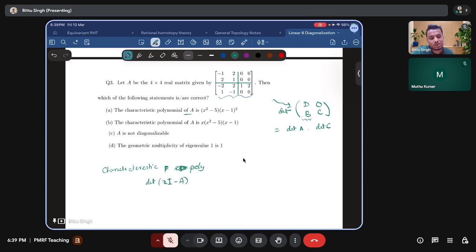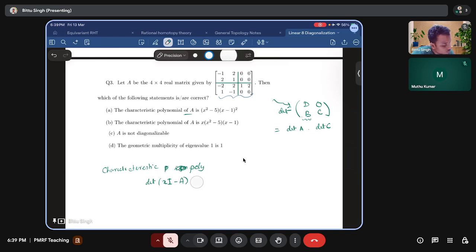We need to change the sign. Sometimes we need to change the sign depending on the size of the matrix. So that's why we just rearrange those terms. Not rearrange, but we need to take xi before A.